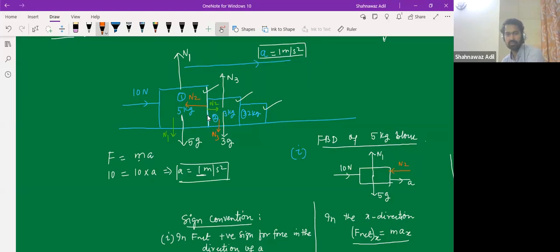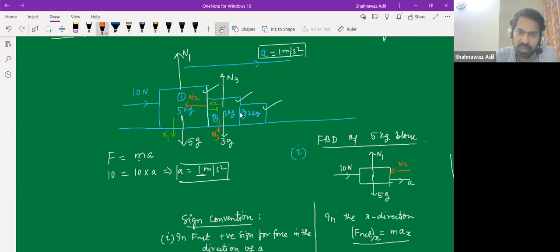What are the other forces on this 3 kg block? Sir, one is gravitational, one is normal, and N2 is there. And then another force from the 2 kg block.